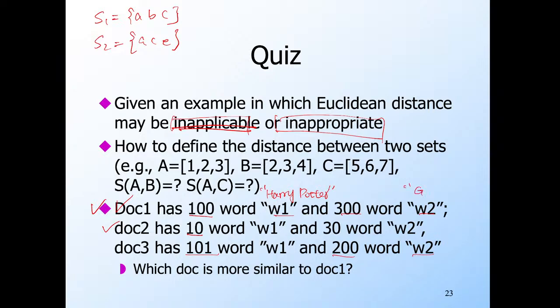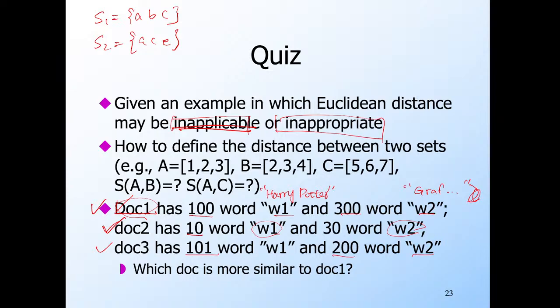Document 2 is probably a summary of this book, so the word appearance frequencies of word 1 and word 2 are the same as in document 1. Document 3 is probably another book, so it has different word frequency.